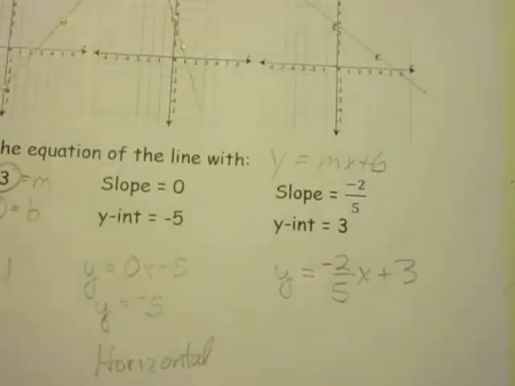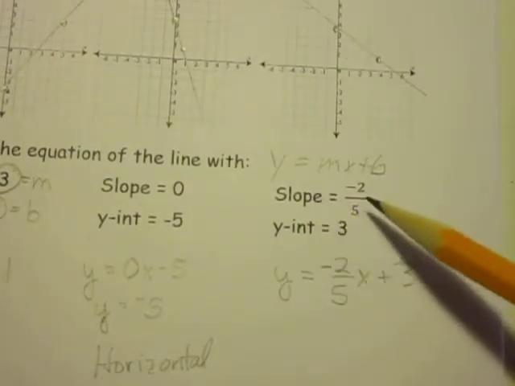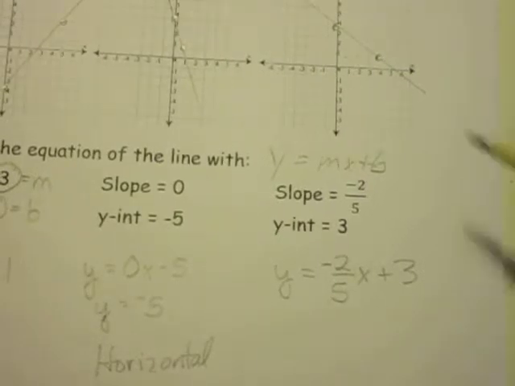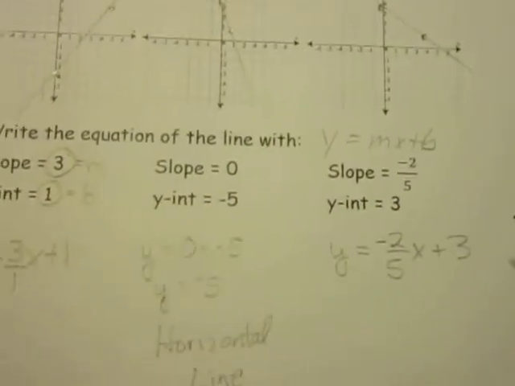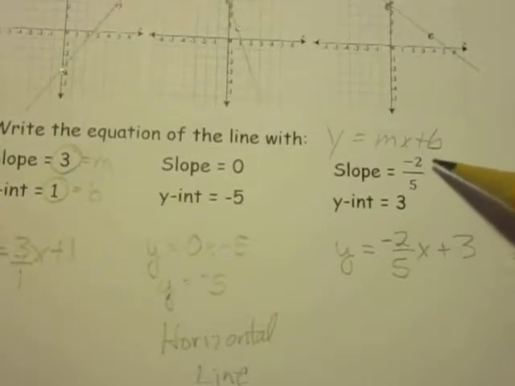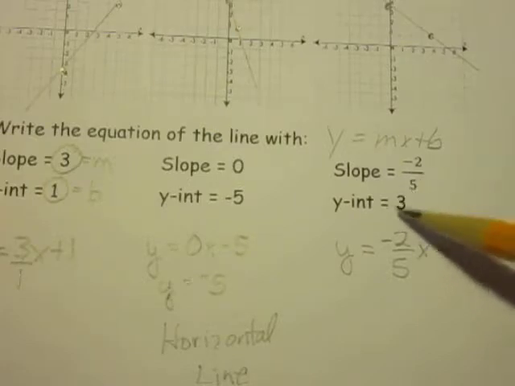One thing I want to point out is that in the next lesson, I'm hoping to get to these linear applications where you're reading a word problem and you have to recognize what your slope is. From the word problem, you would need to recognize that the slope is going to be some rate of change. So you recognize that rate of change and know that, hey, that's my slope. That's my unit change from one unit to the next. And you're going to recognize in your word problem that you're going to have some fixed amount, either a cost or a starting point or something.